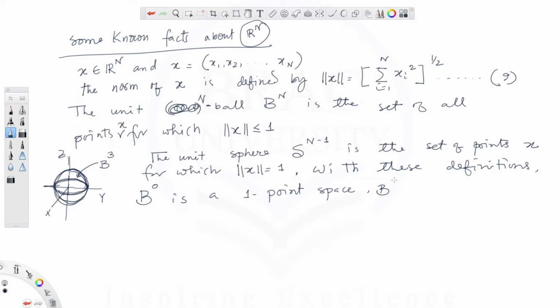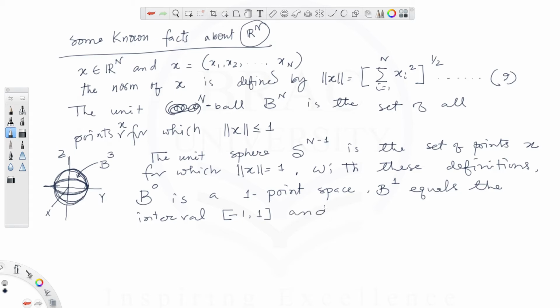B1 equals the interval from -1 to +1, this closed interval.